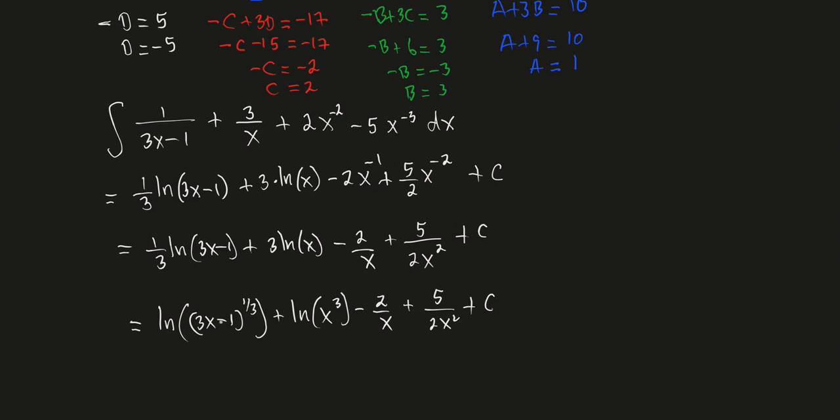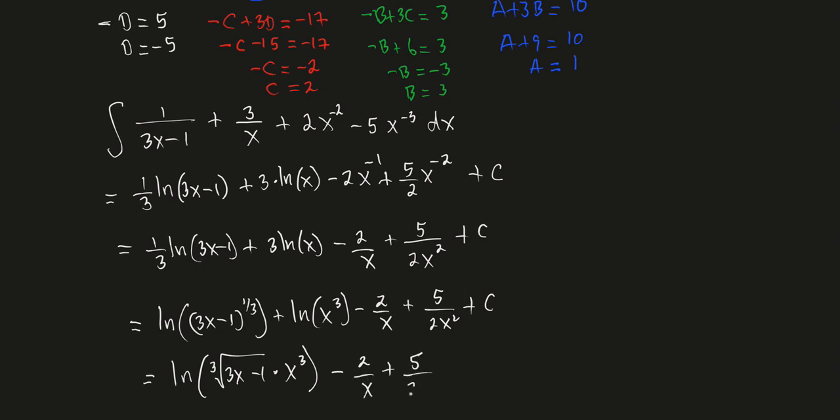And then you can write this as the cube root of 3x minus 1. But now since you're adding these two logarithms, apply the property where the log of a plus the log of b is the log of a times b. Right? You could do that, and there we go.